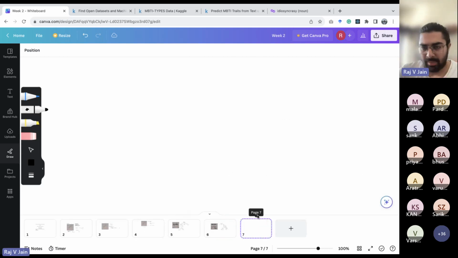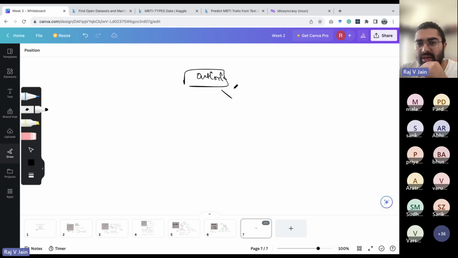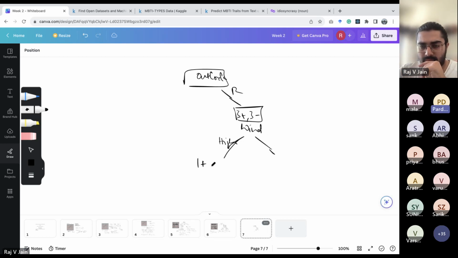Actually, let me just draw it. Let's see what you're saying. So Outlook, you look at the rain, and it has 3 positive and 3 negative. Then wind high has 1 positive and 2 negative.